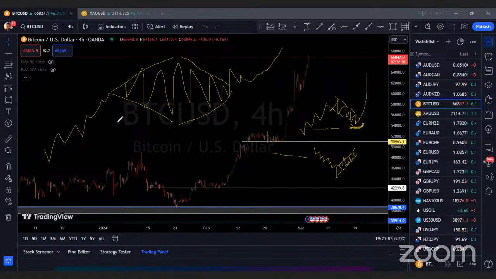Your key concentration has to be on how it plays at the bottom, in the middle, and the base, if you're looking at a downtrend, and how you react. Because that particular movement is what will show you the way at the end of the day.